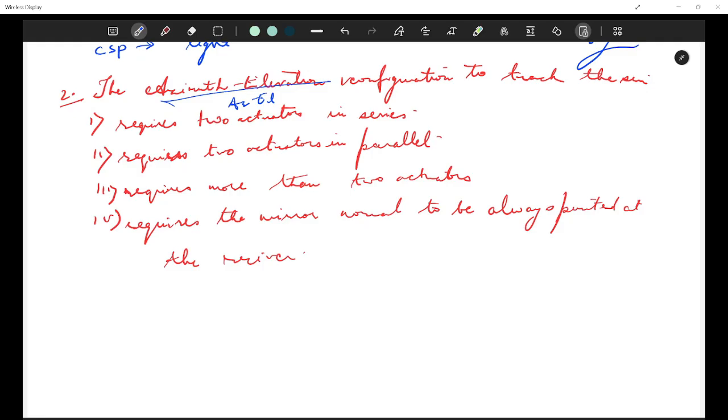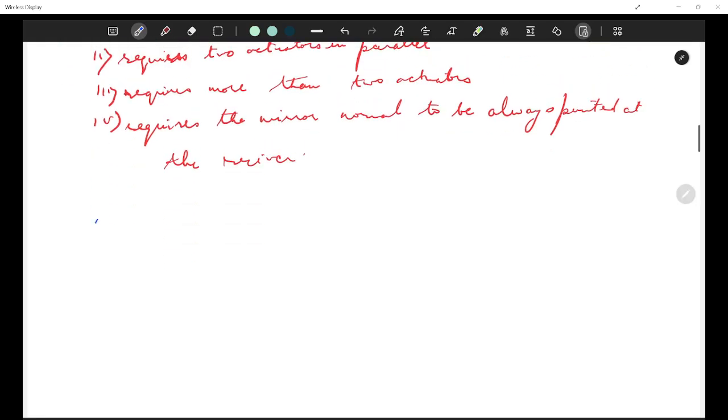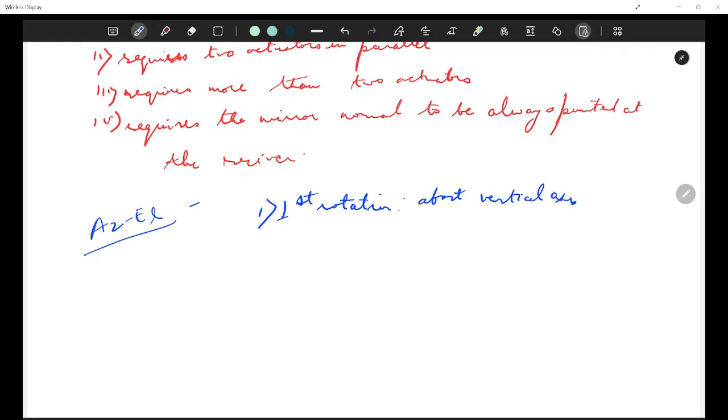So how does the azimuth elevation configuration work? It has two axes of rotation, right? The first rotation is about the vertical axis, which is azimuth.